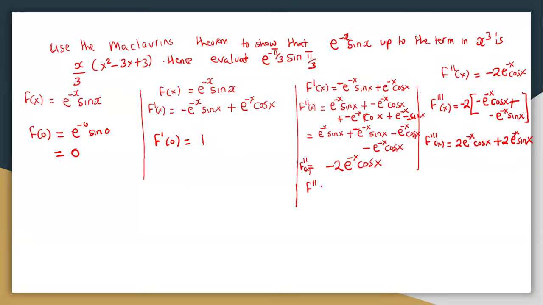When it comes here, f double prime of 0, I'll have negative 2 e to the negative 0 cos of 0. So I end up here with a negative 2. Then the last one, f triple prime of 0, I'll end up with a 2. Okay, members still on the same page?